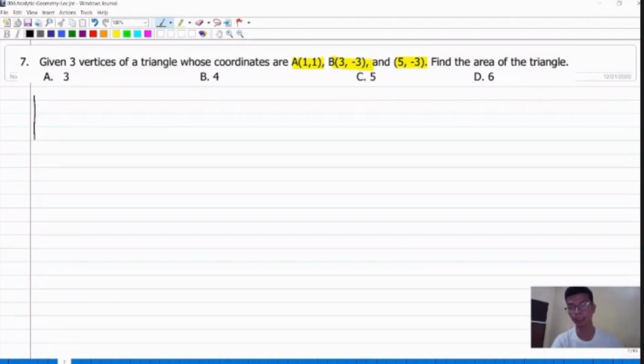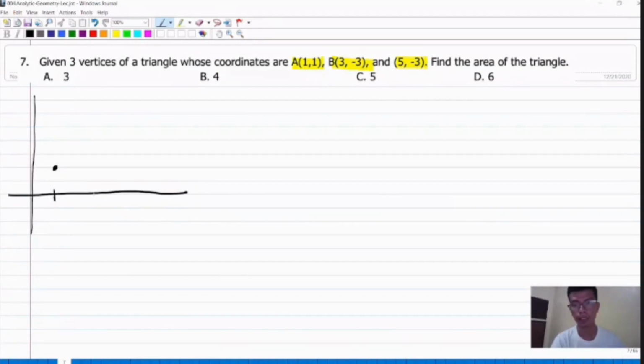Let's plot it so we get used to plotting in analytic geometry, because we will use this plotting of points when we reach integrals in calculus. Our point A is (1, 1), so 1 is the x and 1 is the y.